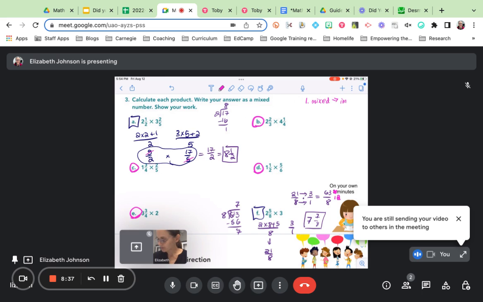You're going to multiply the numerator times the numerator, and then the denominator times the denominator. And then you're going to simplify. That's it. Mixed to improper, top times top, bottom times bottom, simplify. That's all you got to do when you've got 4 problems to take a look at. Pause the video and hit play when you're ready to move on to the next task.